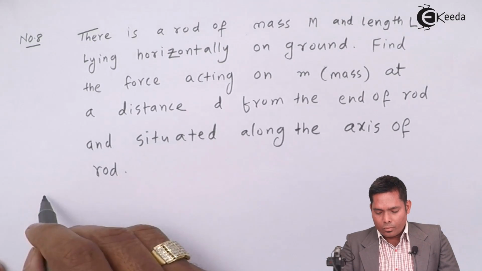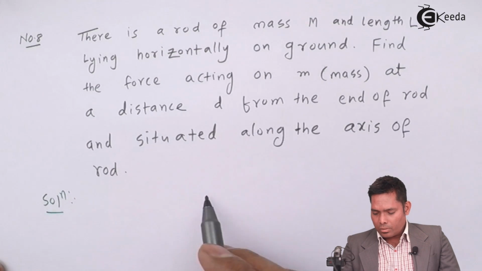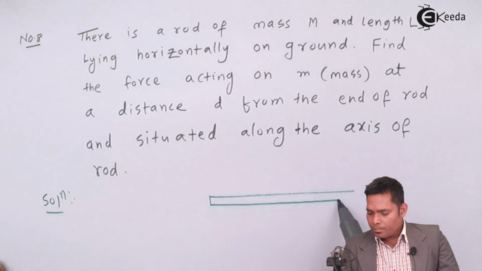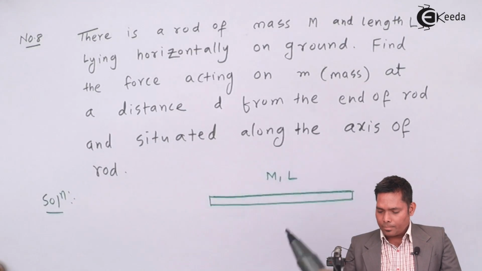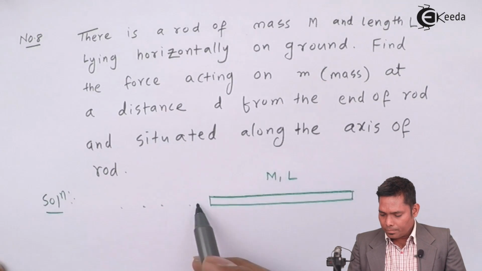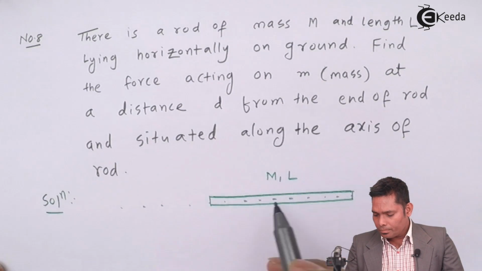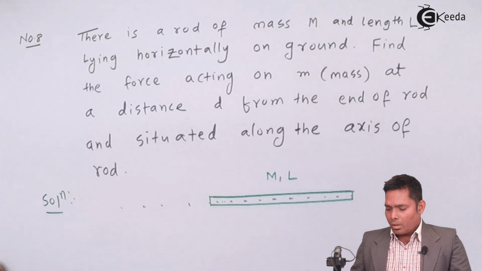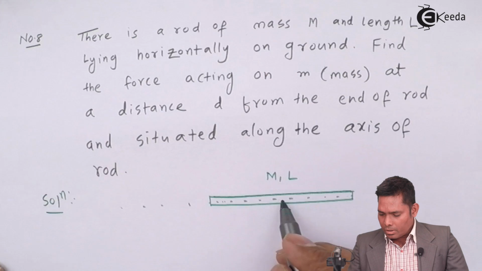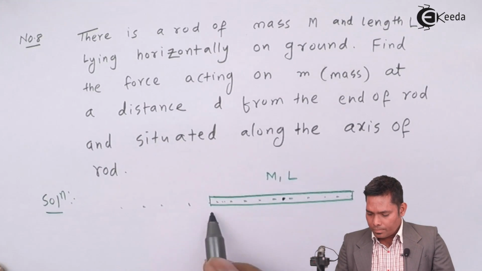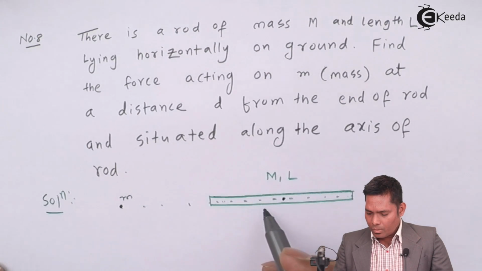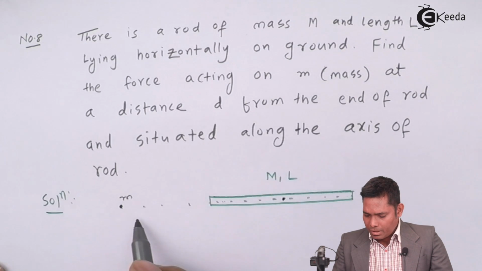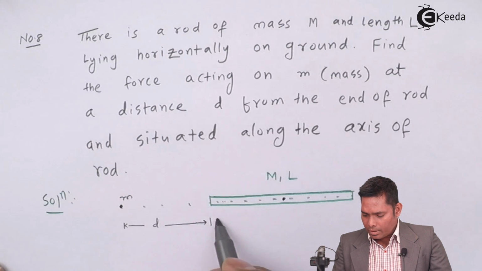Now we'll write the solution. What is the question? There is a rod, uniform rod, of mass m, length L, and this is the axis of this rod. Obviously this is the center, and a point mass m is placed here, at a distance d from the end of the rod.